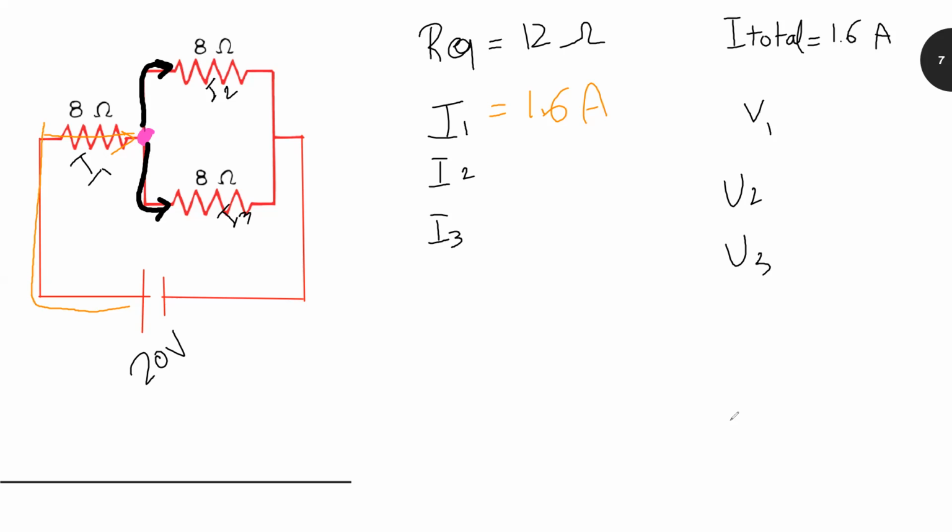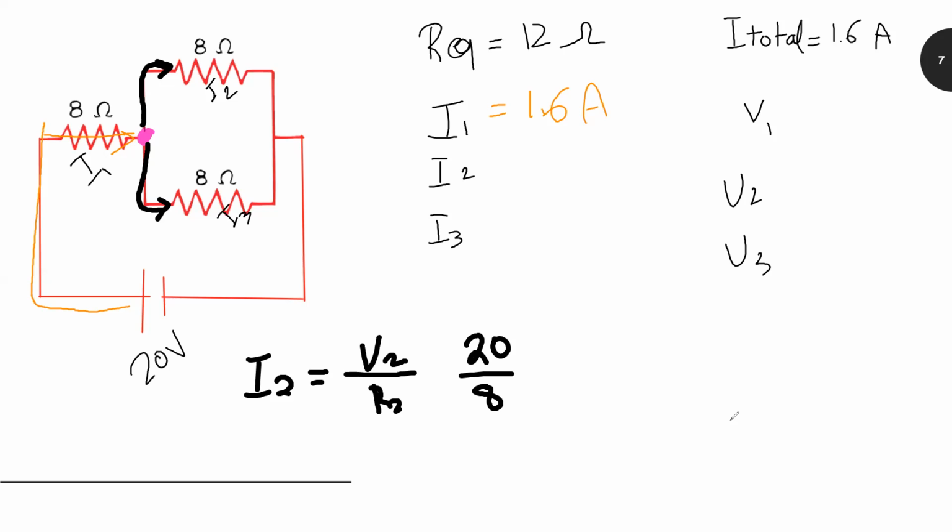Since we know the amount of resistance and we know the amount of voltage, we have to find now I2. To find I2, you say it is V2 over R2, I mean 20 over 8, which is, just 1 second, 2.5.